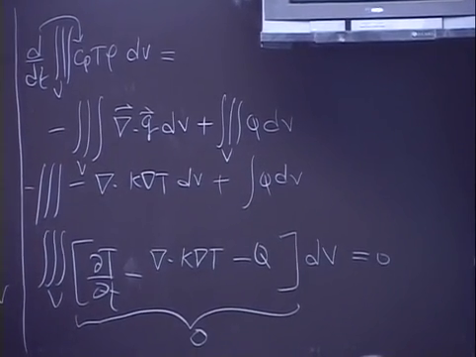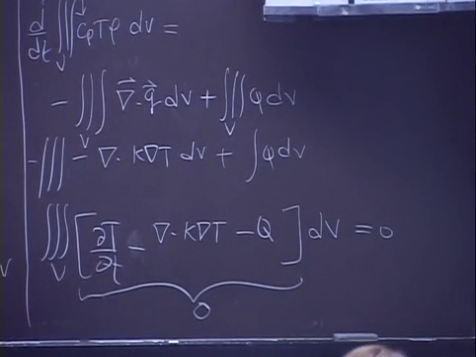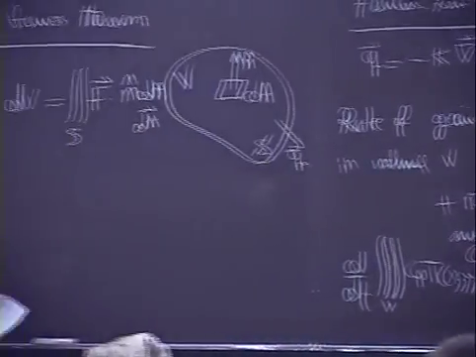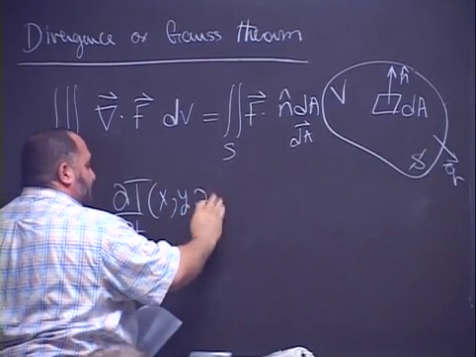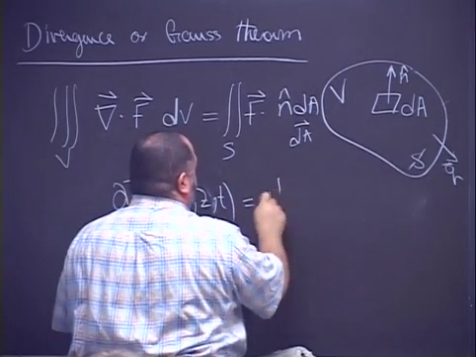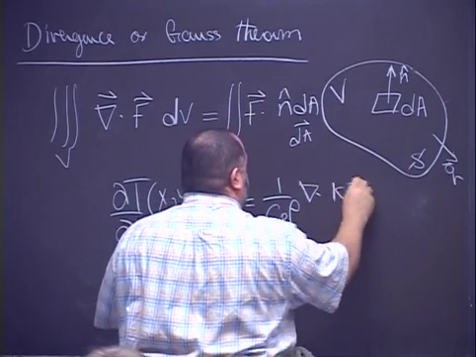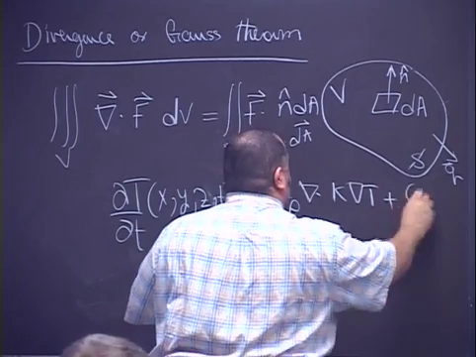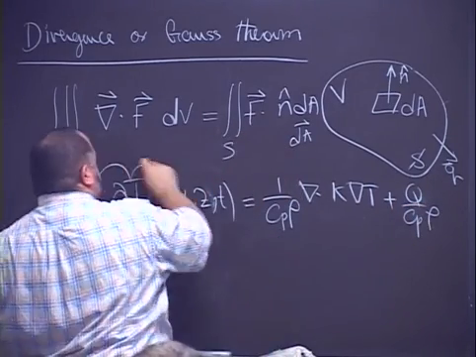So now the function is equal to 0, and this yields the heat equation, the heat diffusion equation, and the heat diffusion equation is just dT by dt of x, y, and z and t is equal to 1 over Cp rho divergence K grad T plus Q over Cp multiplied by rho.